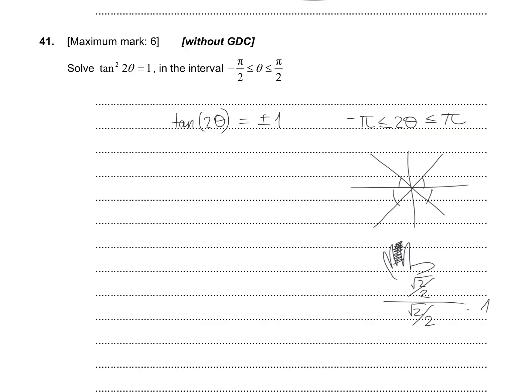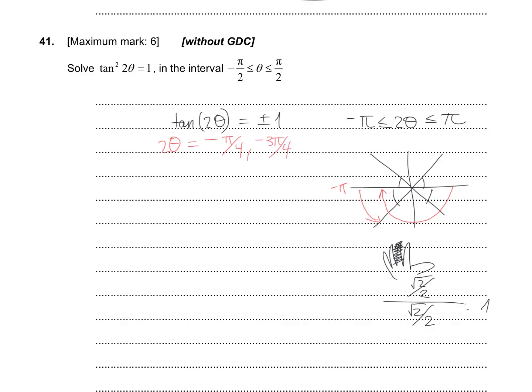All right, now we're in between -pi and pi, so we're going to go the 0 to -pi first. Okay, so that's happening. So 2 theta is going to be -pi over 4. And basically, this is -pi, so we need to add pi over 4. So that's -3 pi over 4.